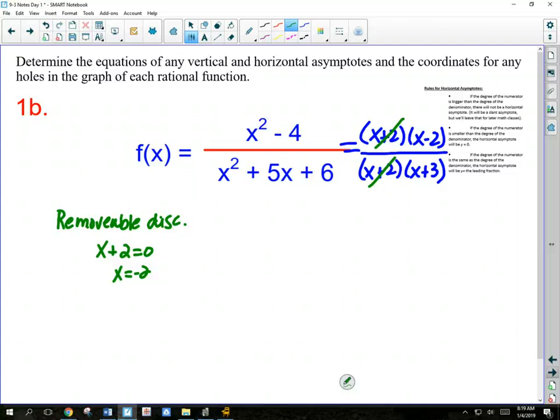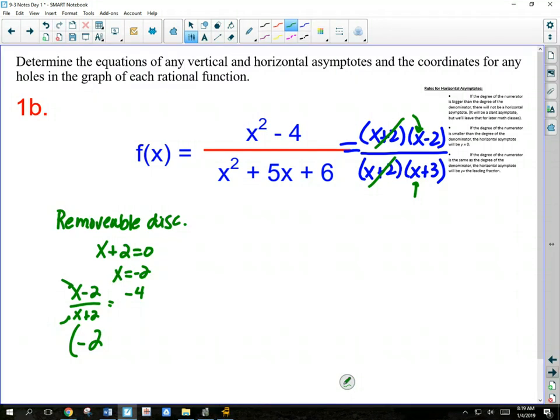So now I know that the x coordinate is negative 2. Okay? When I plug negative 2 back into what's left, I'm ignoring the part that's canceled. So what's left is x minus 2 over x plus 3. And when I plug negative 2 in here and in here, negative 2 minus 2 is negative 4.